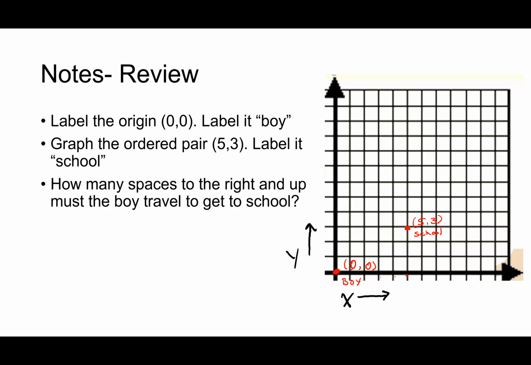How many spaces to the right and up must the boy travel to get to school? Owen? 5 to the right and 3 up. Good job. So let's write that as an ordered pair. Has anybody heard the term ordered pair before?